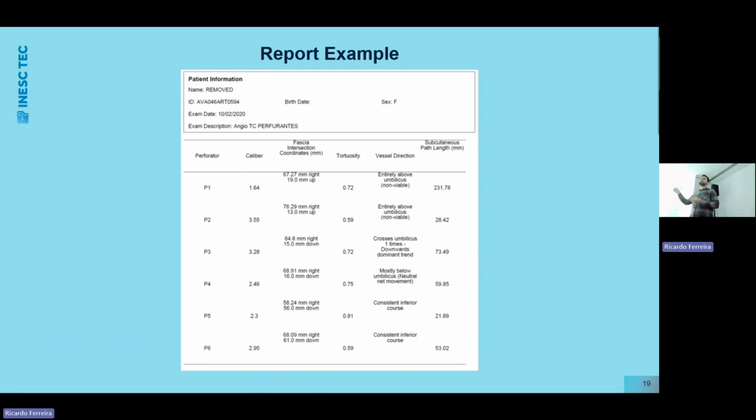The tortuosity is also relevant. They tend to not extract very tortuous vessels. The closer it is to 1, the better. The closer to 0, okay, you get it, the worse. It also gives the vessel direction, if it's going up towards the umbilicus, if it's going away, and the subcutaneous path length.